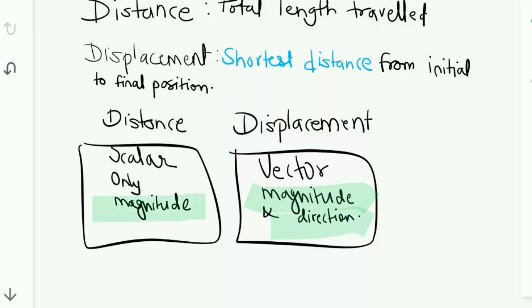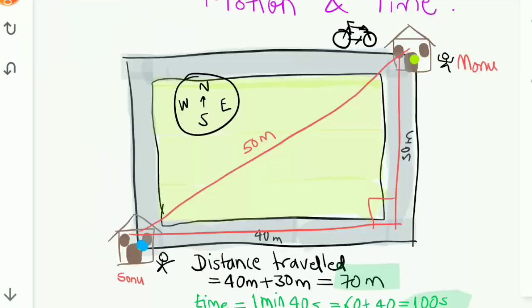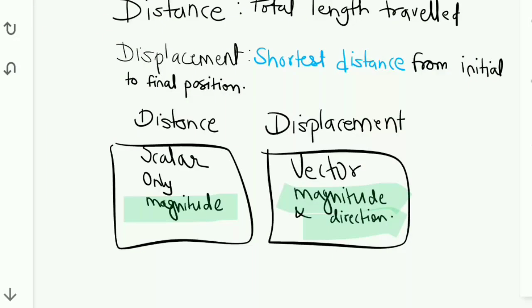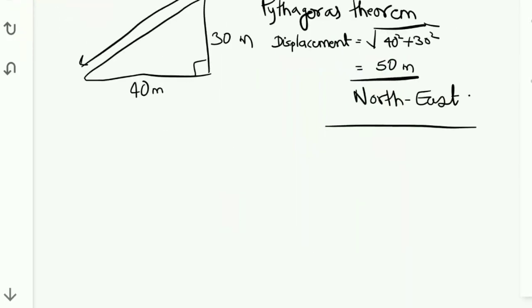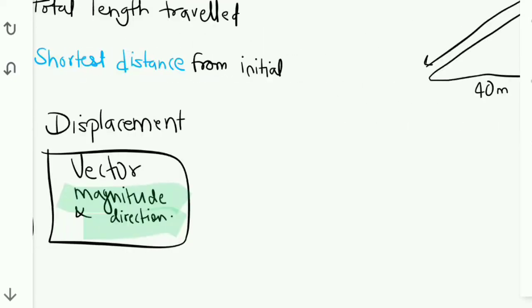And scalar only needs magnitude. Like this in our example, distance traveled was 70 meters and there is no sense of direction. But when we talk about displacement, we require 50 meters in northeast direction.